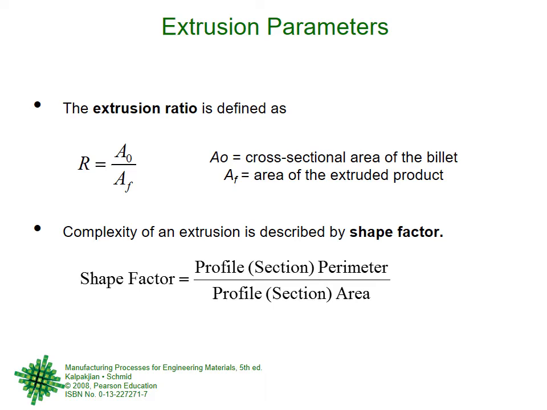We can just say this is very complex, this is medium complex, this is very simple, but that is not giving us a number. But this shape factor will give you an actual number, 1, 1.5, 2, 2.3, whatever. So now we can categorize different extrusion dies according to their complexity.